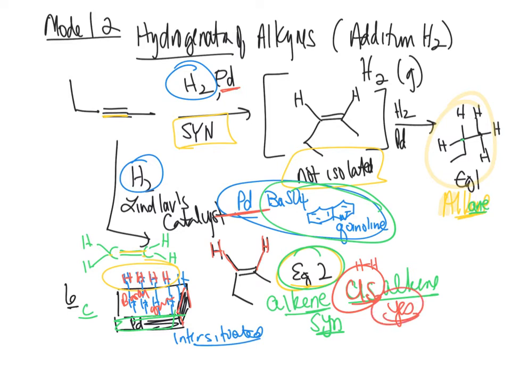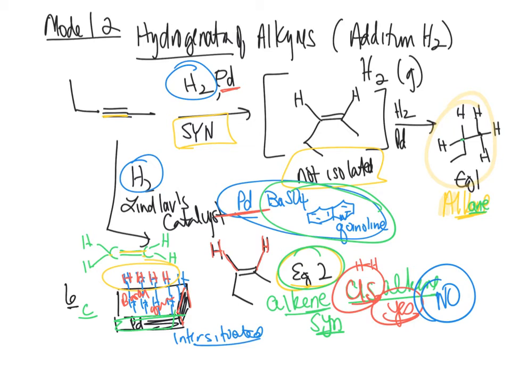Can the alkene in equation 2 be rotated so the opposite geometric isomer is formed? Can you rotate around a double bond? No. Okay, so you don't form the trans. If alkenes cannot freely rotate, discuss in your groups how the mechanism of hydrogenation would need to be different in general terms so that the opposite geometric isomer could be formed.